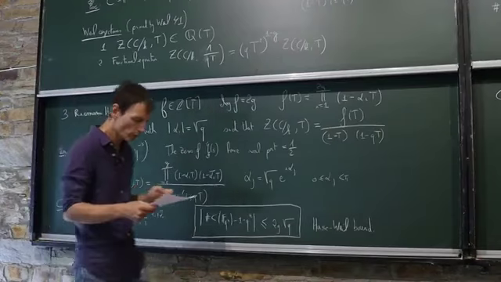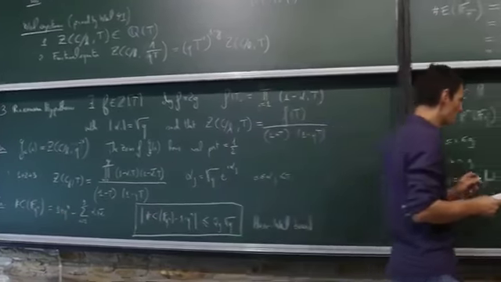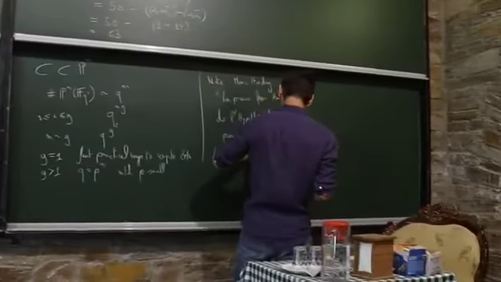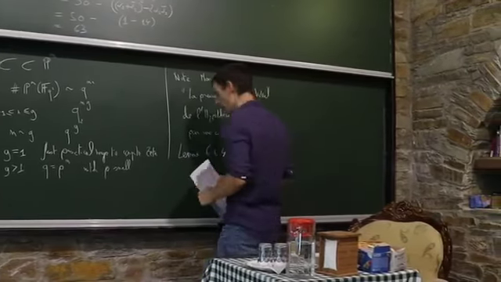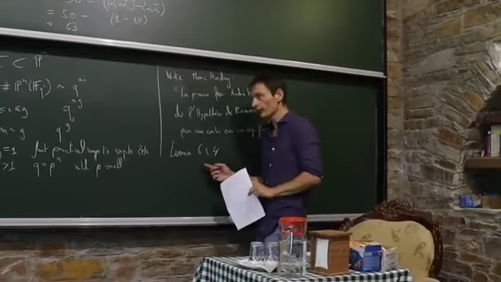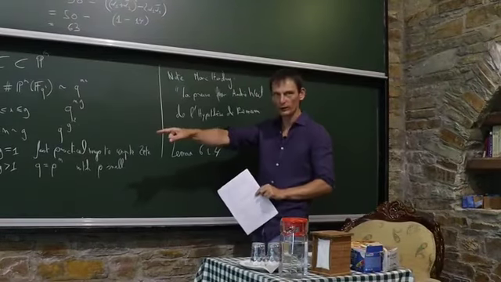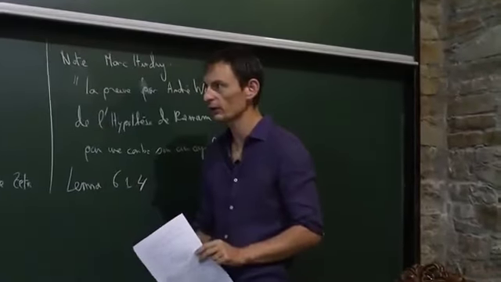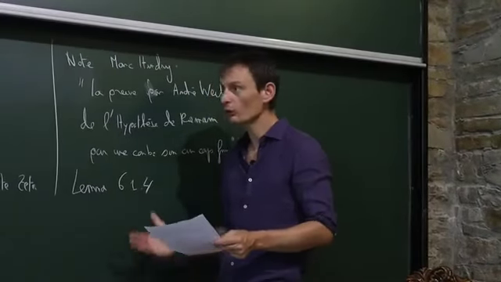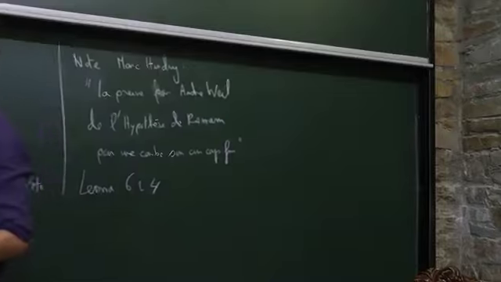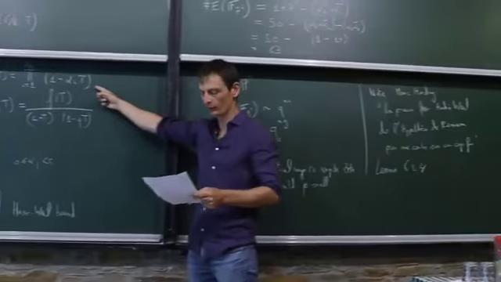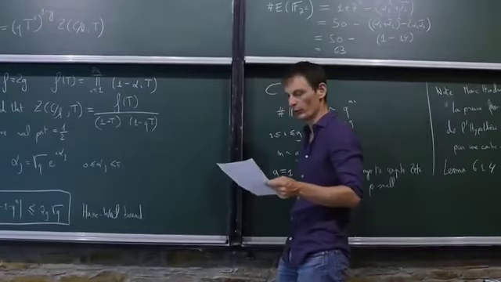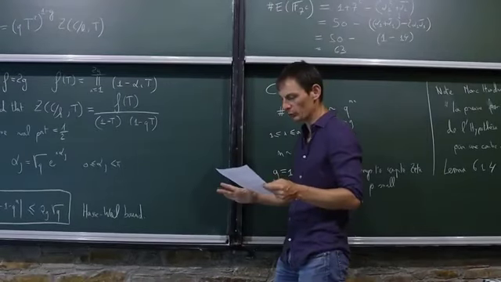If you look at the notes of the course, in Lemma 6.1.4, there is the proof that if you prove only this kind of inequality for any n, or any sufficiently large extension, then you can also prove that F is exactly of this form, with the right norm on the roots. So that's exactly what we have to prove.